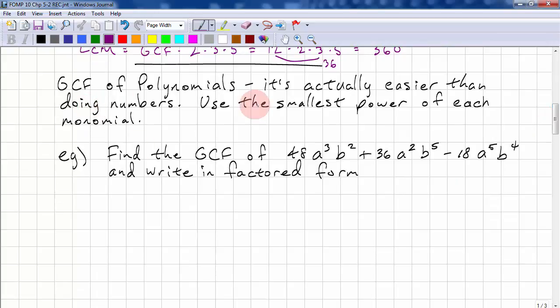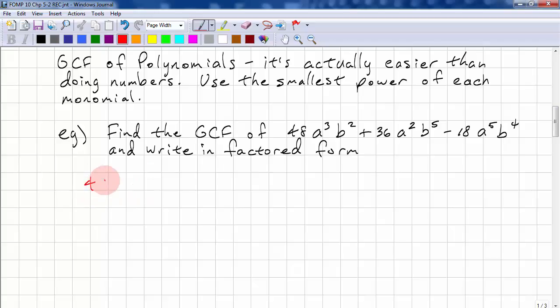Now, the greatest common factor of polynomials is actually easier than doing numbers. It's the smallest power of each monomial. So, for example, find the greatest common factor of 48a cubed b squared plus 36a squared b to the fifth minus 18a to the fifth b to the fourth, and write it in factored form.